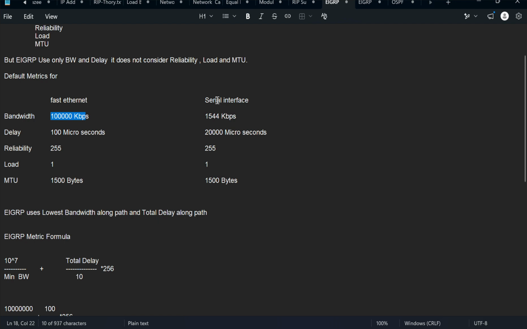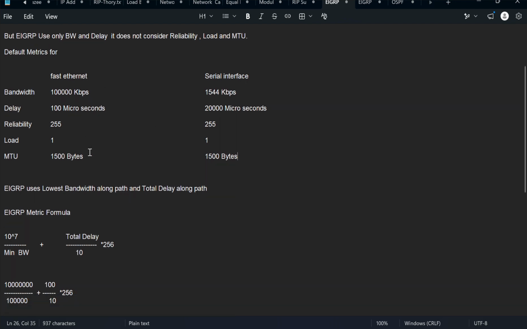For serial interface, the default bandwidth is 1544 kilobits. Delay is 100 microseconds for Fast Ethernet, 20,000 microseconds for serial interface. Reliability is the same for both interfaces. Load is also the same. MTU is also the same.